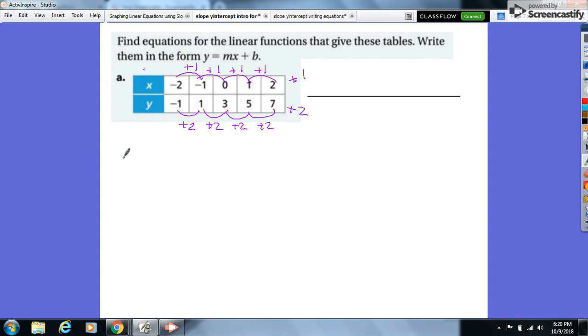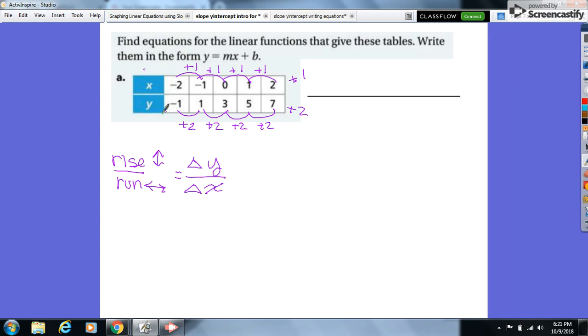Now, I hope you remember that slope is the measure of rise over run. That means how much it's going up and down, over top, how much it's going left and right. Sometimes in algebra and geometry, that's written as the change in y over the change in x.